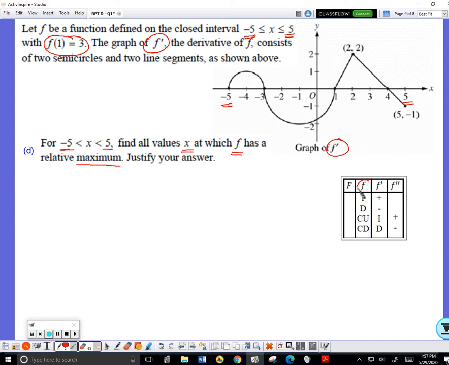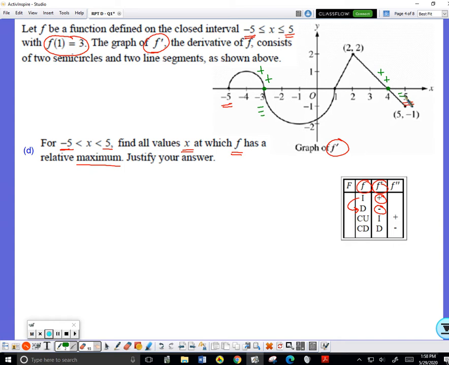So when f changes from increasing to decreasing, that's a relative max on f. So that's when f prime is changing from positive y coordinates to negative y coordinates. So that is occurring right here. The y coordinates of f prime are positive. Now those y coordinates are negative. Similarly here.